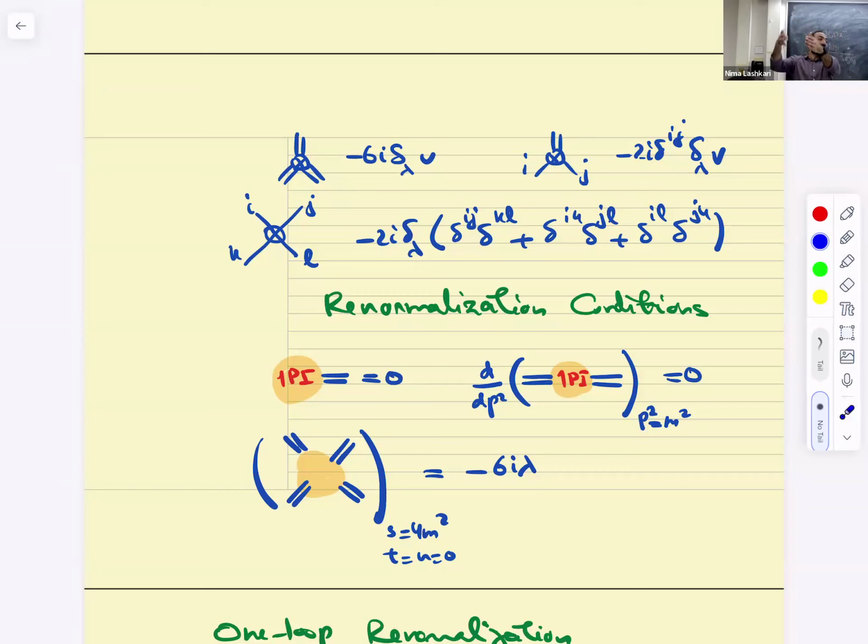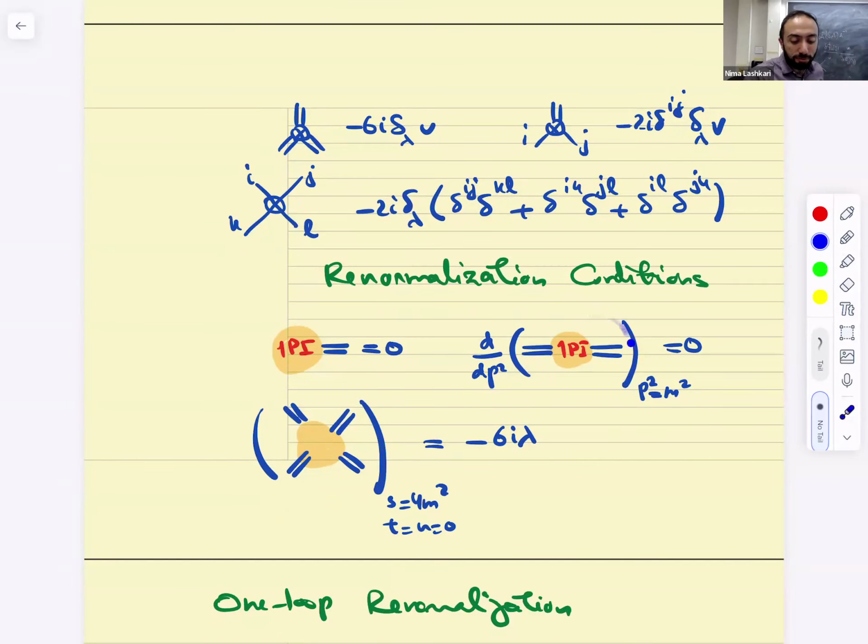You want to preserve that in your renormalized theory, right? That's just one condition. What is this? That's just a good old normalization, propagator normalization for sigma, right?